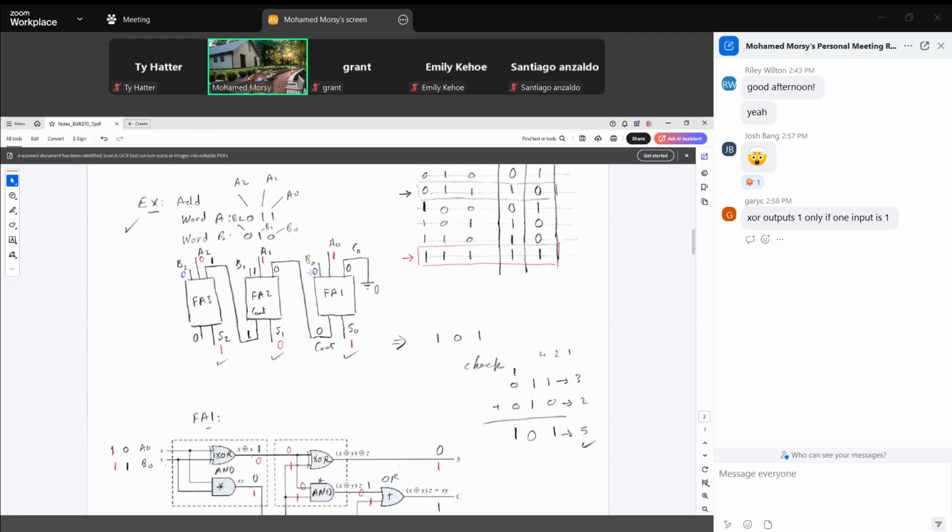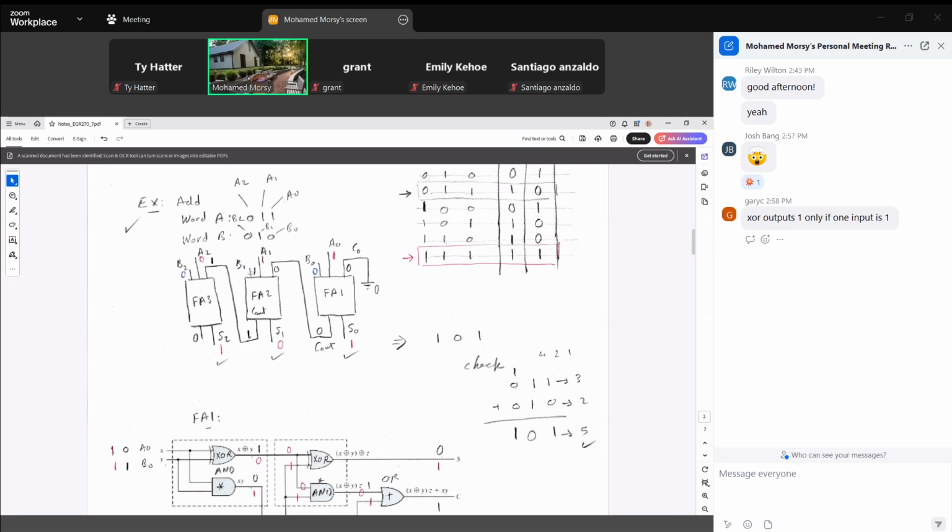So 1 plus 0 is 1, plus 0 is 1, with carry 0. So this carry 0, which is the output of full adder 1, goes as the carry in for the next full adder, now with value 0.